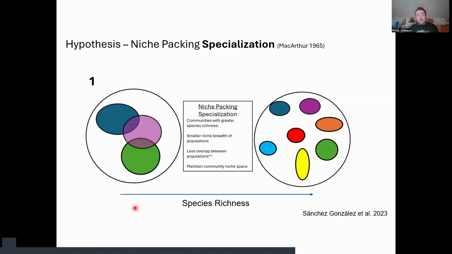Largely, this comes from MacArthur, who was one of Hutchinson's students, actually. And these concepts of niche packing and niche expansion originate from these ideas of coexistence. So, how do animals, when they're in more diverse sites, exist together? Niche packing can occur through two potential mechanisms.